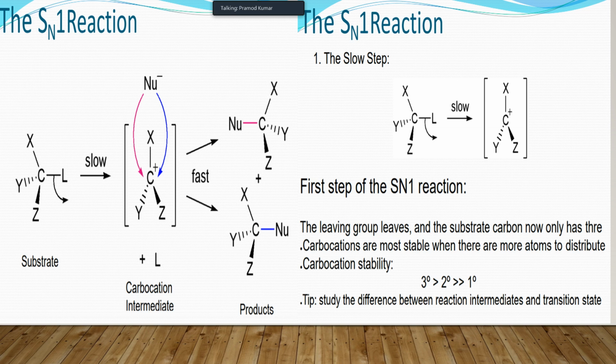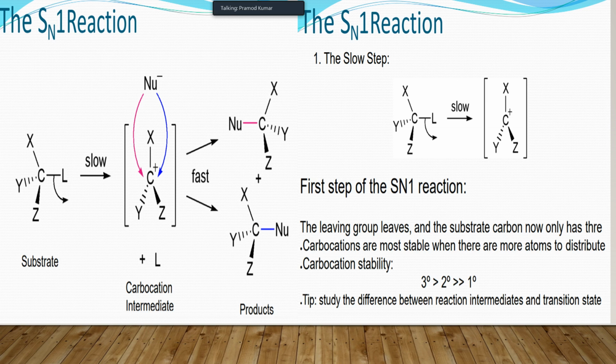Now in the SN1 reaction, the first step is loss of the leaving group to form a carbocation. Once this carbocation is formed, it attains a trigonal planar configuration. Then the nucleophile can attack from either side of the carbocation, the upper side or the lower side.